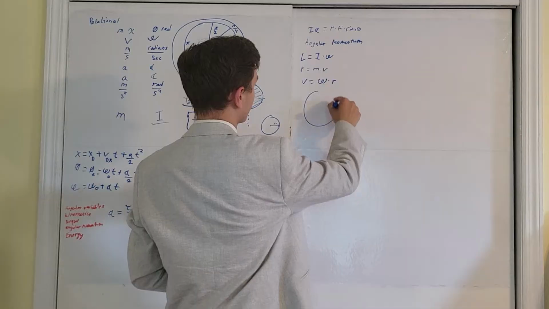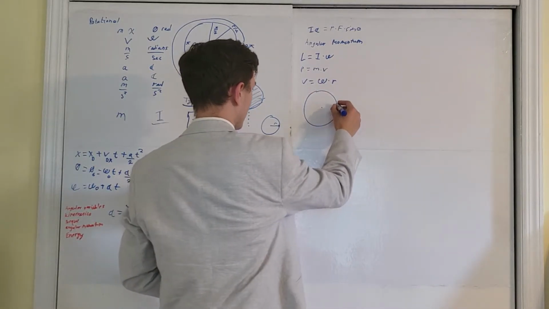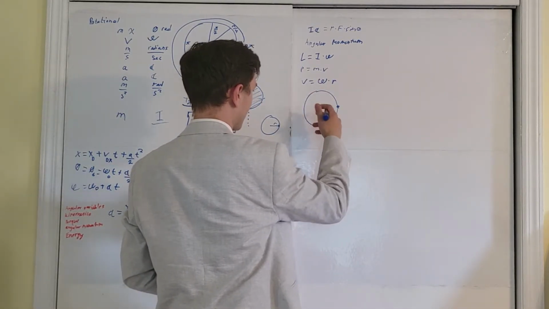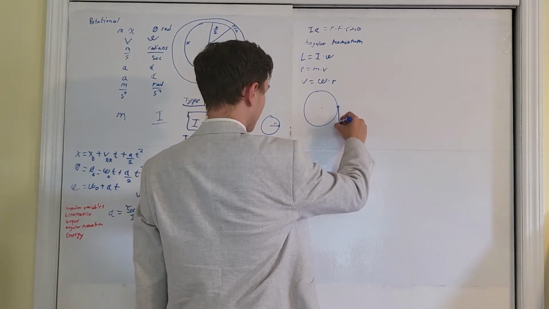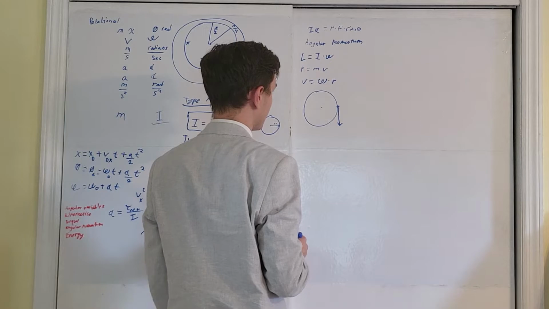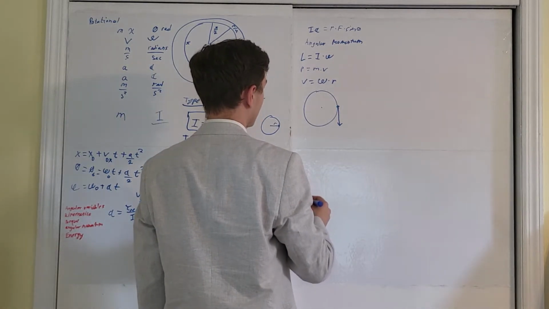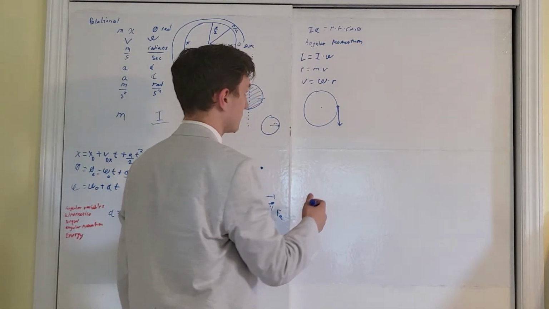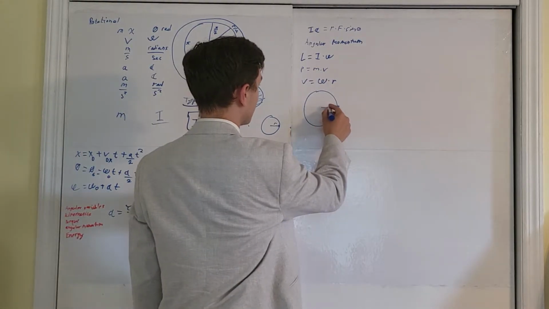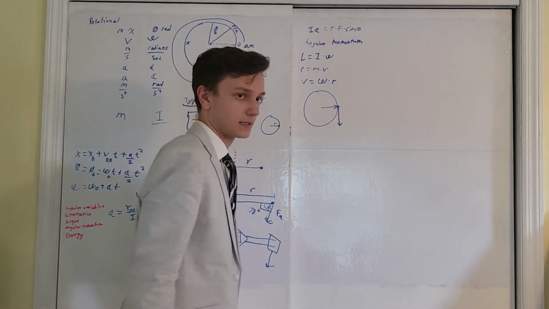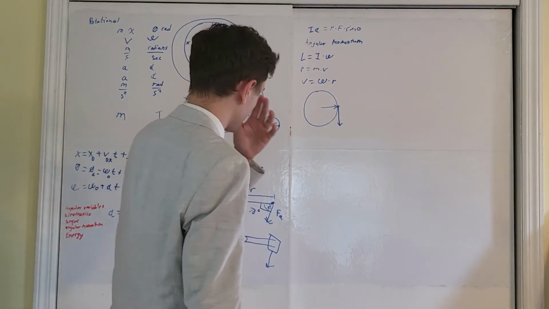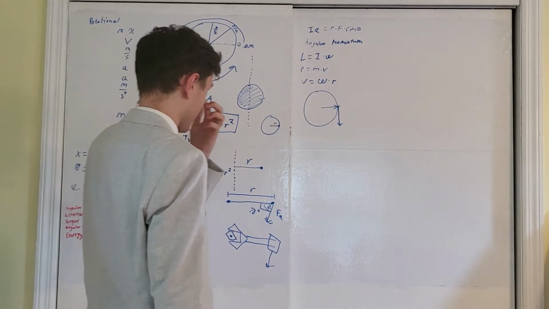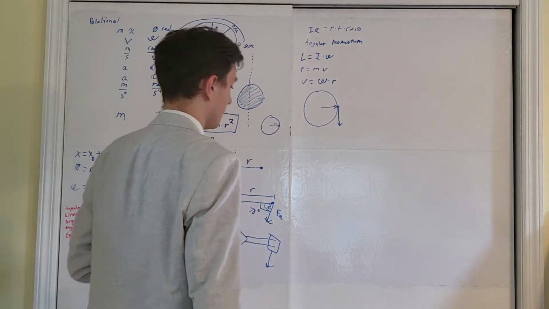It means that if we're dealing with circular motion and we have a particle moving in a circular path, that means the linear velocity at a particular instant is equal to that particle's angular velocity times its radius from the axis of rotation.